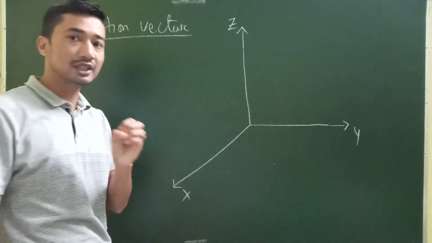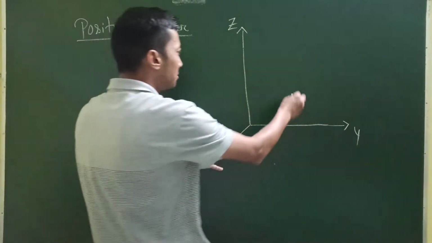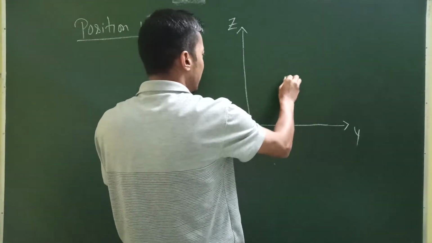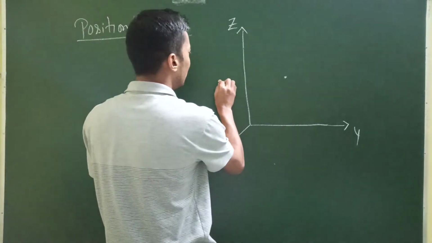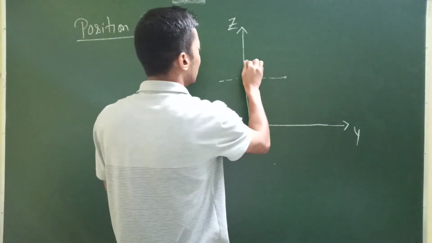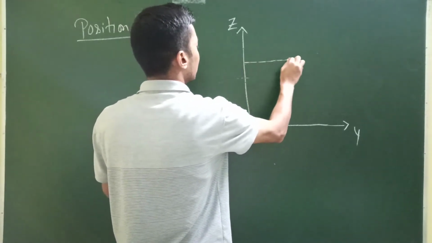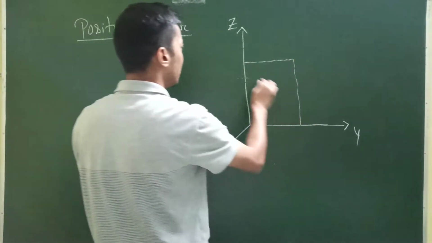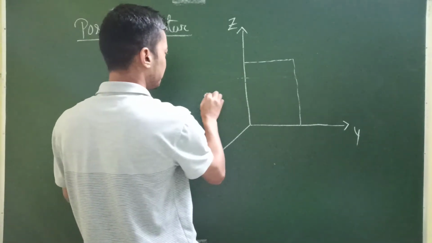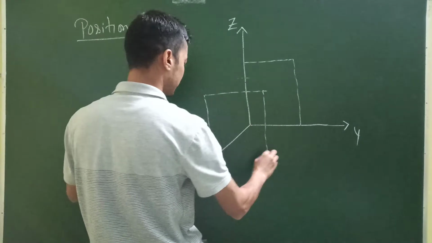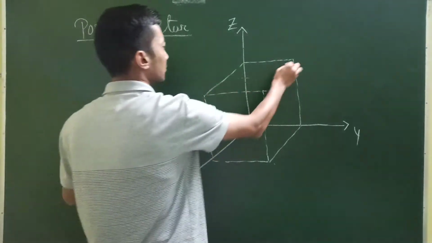Now let us imagine a point in space. Let's draw a three-dimensional space with respect to the x, y and z axes.